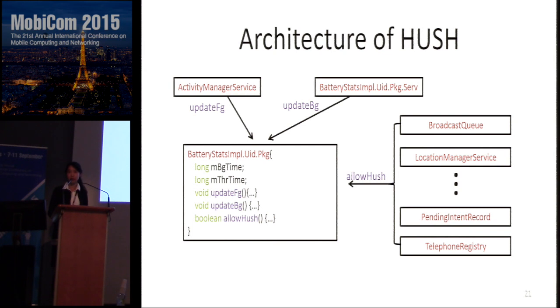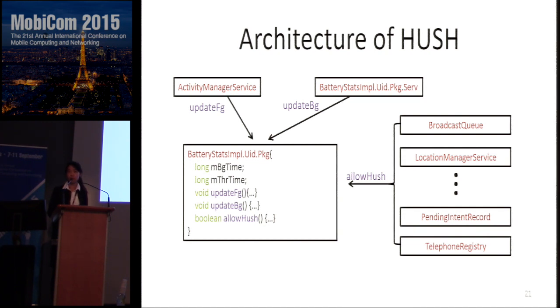Next, we implement this algorithm on an Android Galaxy S3 phone running Android Jelly Bean. We call it Hash. This implementation is based on a key observation that in the background, the apps are invoked by some framework modules or framework services.